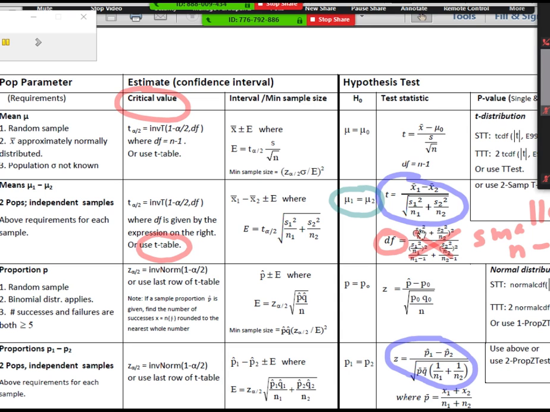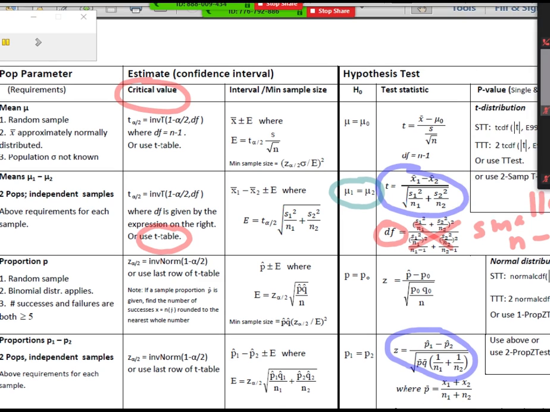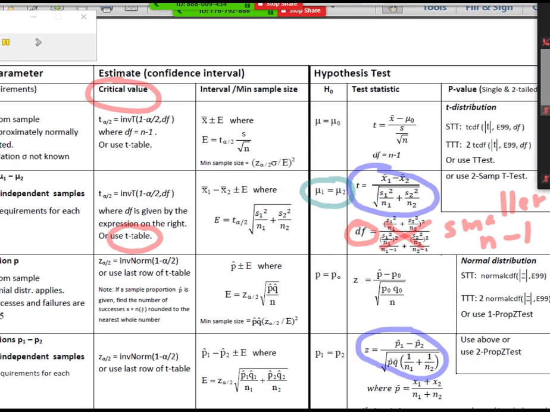You should be crossing out that one and putting in the smaller n, whatever the smaller n was, minus 1. So you have 2 n's, and you use that degrees of freedom on the t-table to find your critical value. That's step 2, right? You pop that into your t-table to find your critical value for means.